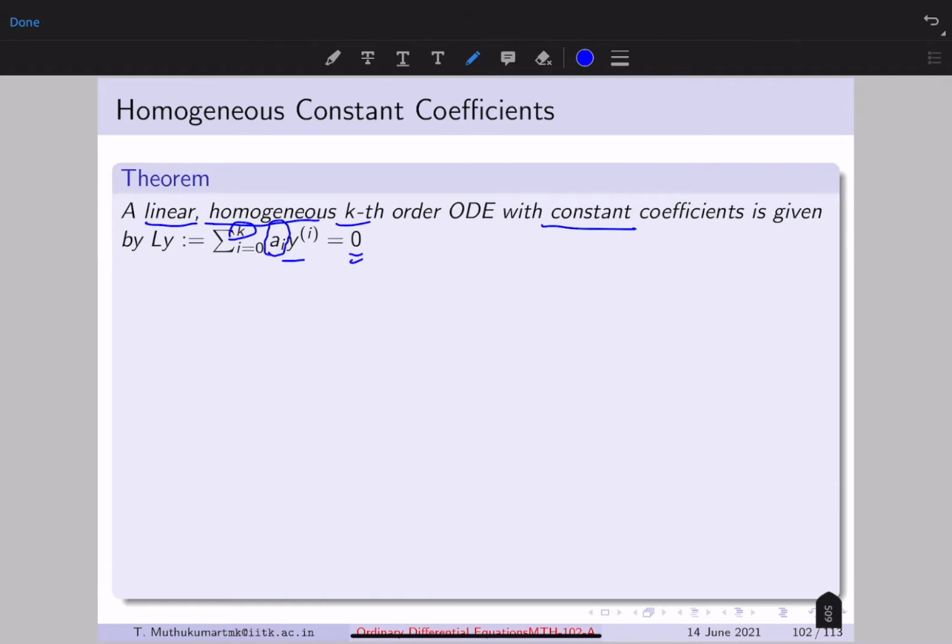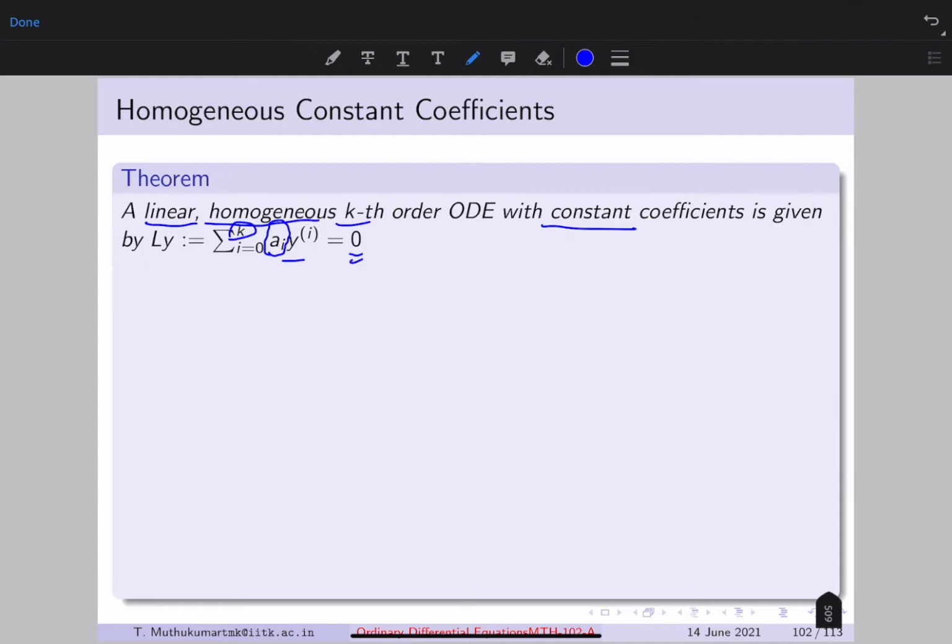And we already know from the previous lecture's result that the solution space is k dimensional, which means there are k linearly independent solutions. So what are the k linearly independent solutions for a linear homogeneous constant coefficient differential equation? This theorem tells you about that.